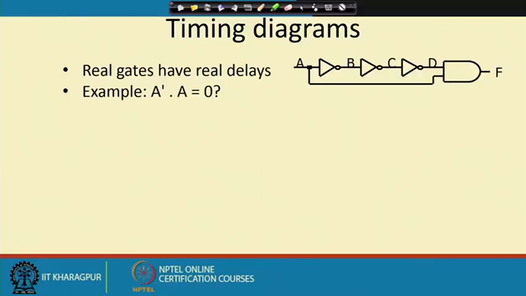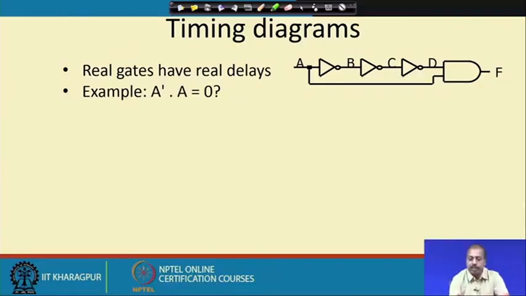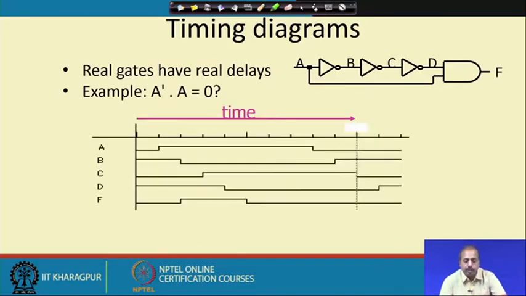In this case, we have taken an input A and it is inverted by 3 inverters producing outputs B, C and D, and finally they are ANDed. So B equals A bar, C equals A, D equals A bar, and we are supposed to get f equal to 0, but due to the delay of these inverters it may so happen that you get some other behavior.